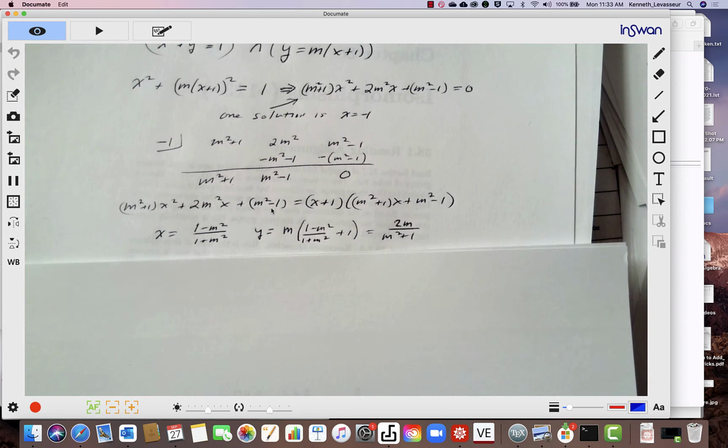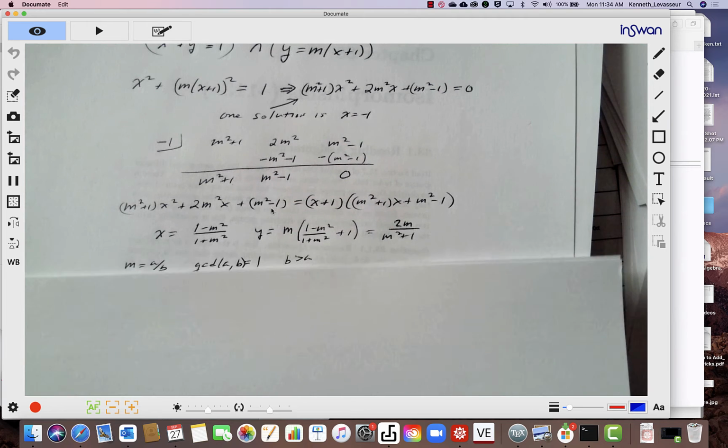Not only that, but if we pick a point that's rational on the circle and connect it up with the point -1, 0, the slope will also be rational. So, in other words, the x and y coordinates are both rational numbers if and only if the slope is rational. So we're going to set m to be a rational number.